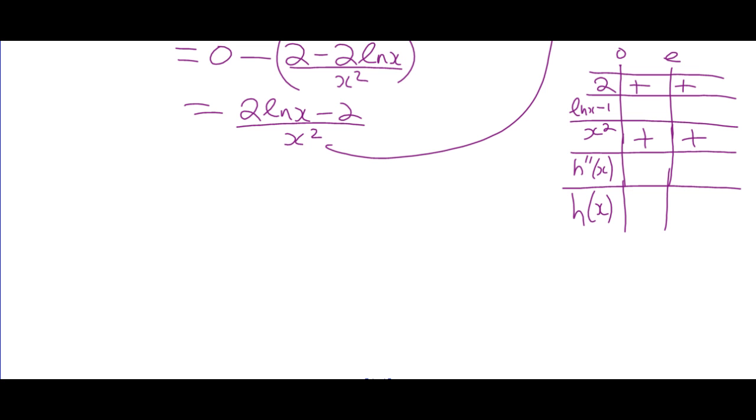The ln of e is 1. And so we have our signs.